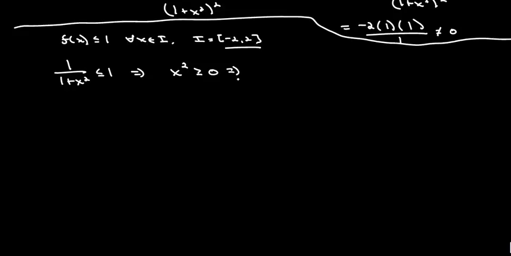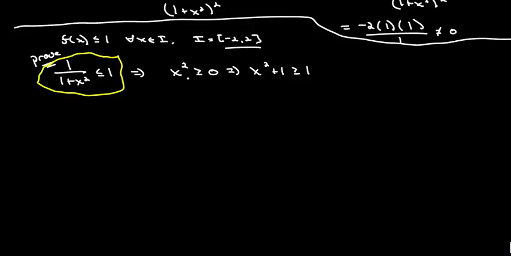That implies that x squared plus 1 has got to be greater than or equal to 1 on this interval. Okay, so we're going to prove that this guy right here is true.